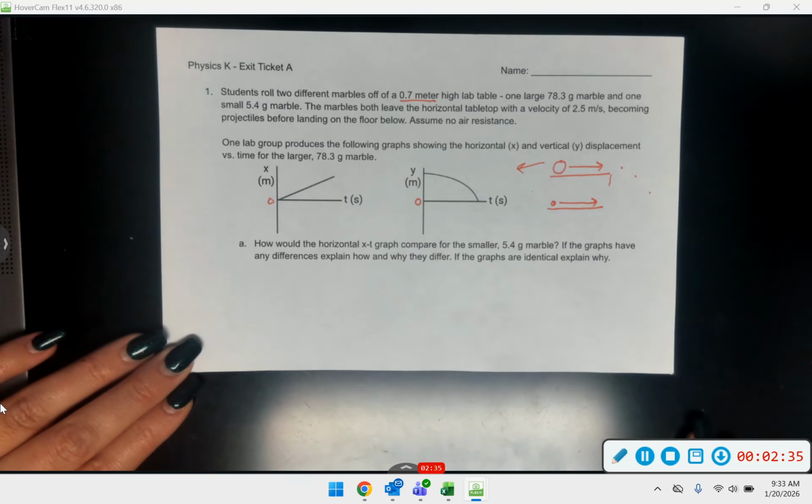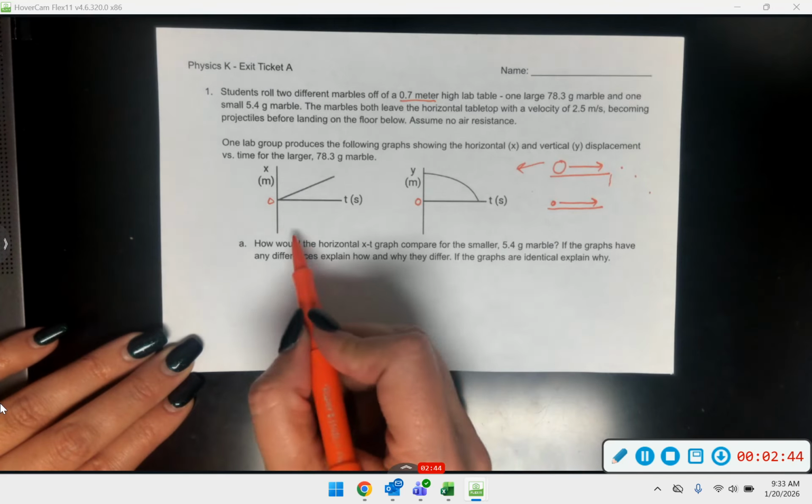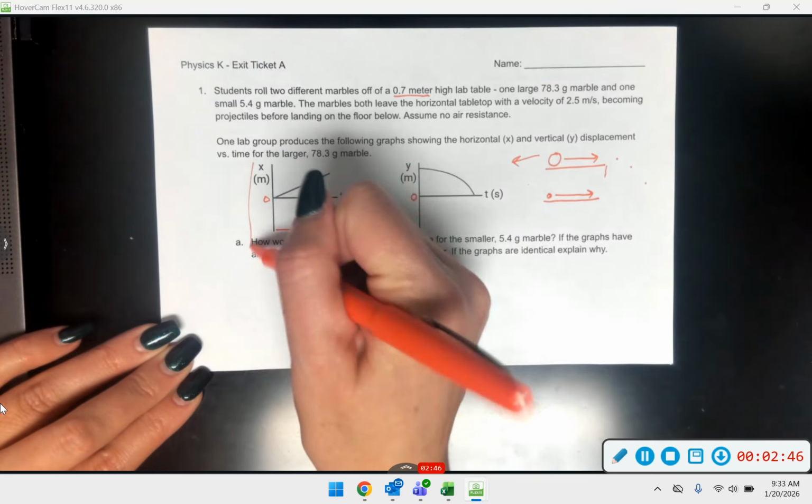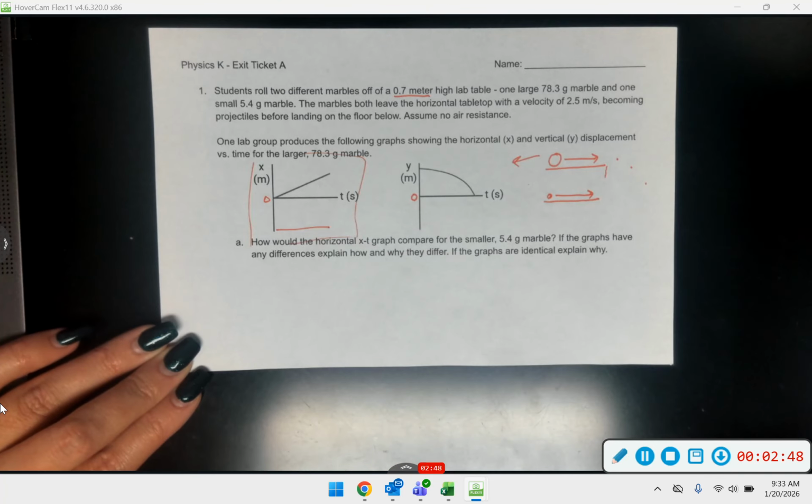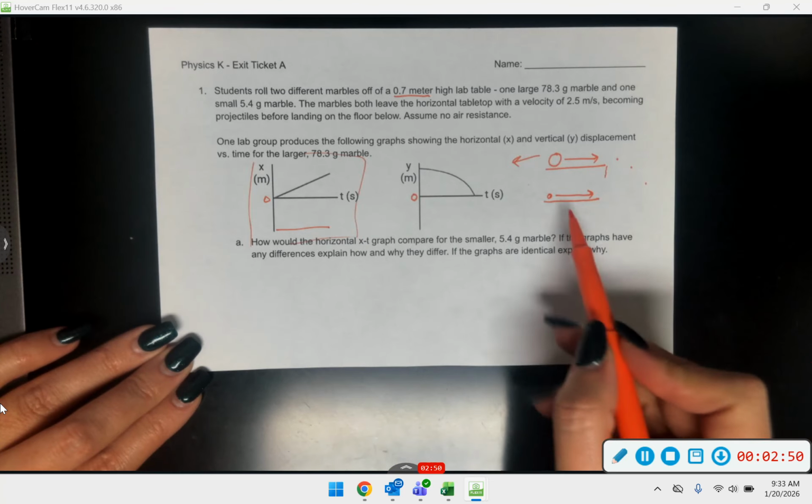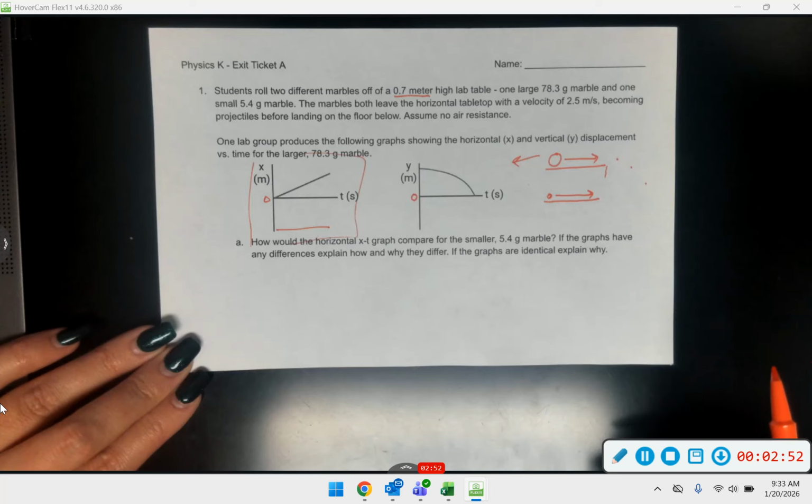So question A says, how would the horizontal x-t graph compare for the smaller 5.4 gram marble? So looking at this graph here, how would this graph compare if I was to draw it instead for this smaller marble?